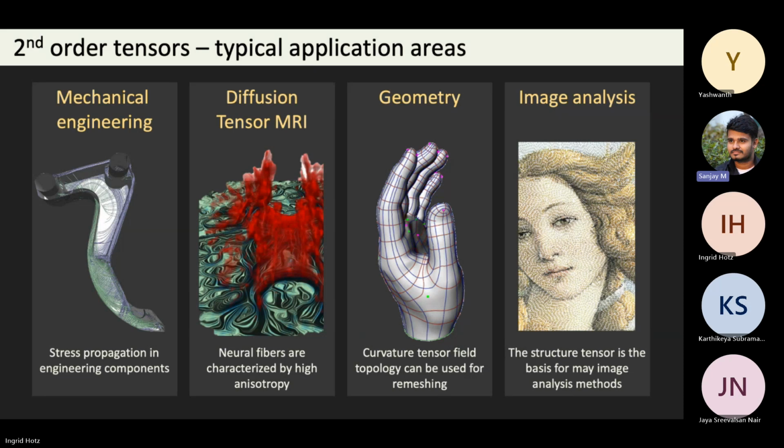We have been looking at diffusion MRI, where the goal is to reconstruct fibers and use a frame from diffusion tensors. The geometry tensor plays a big role in remeshing, where we use tensor field topology. The last example is image analysis. As everybody knows, the structure tensor tells you a lot about edges, ridges, and so on.